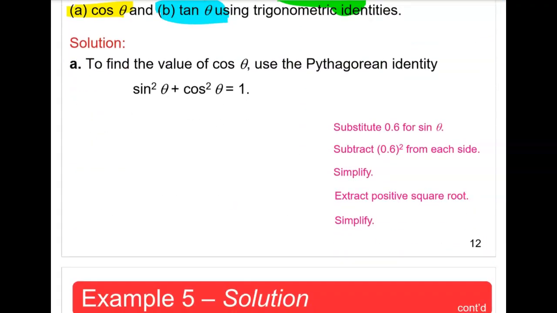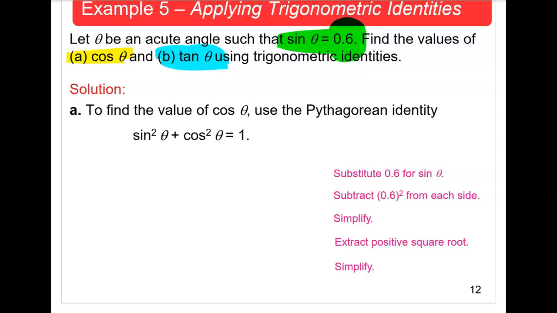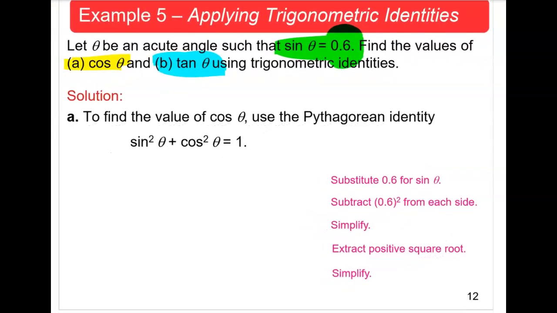We already have the identity written down there, so let's go ahead and actually I need to get the value for sine, which we said was 0.6. So we're going to replace this part with the number given to us, 0.6 plus cosine square theta is equal to 1.